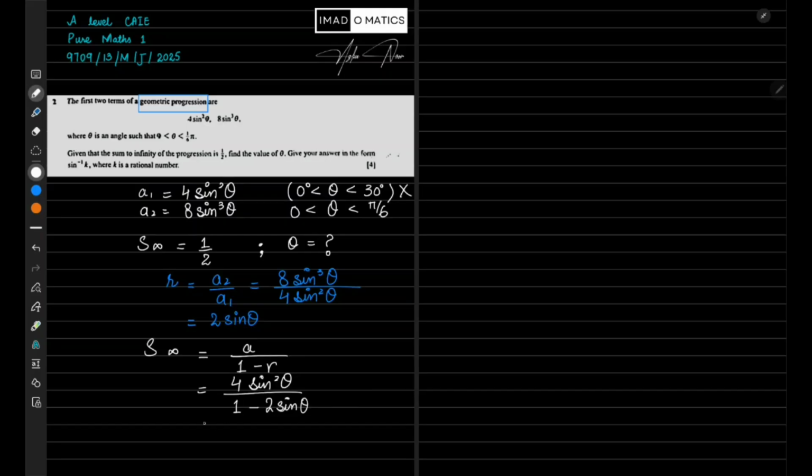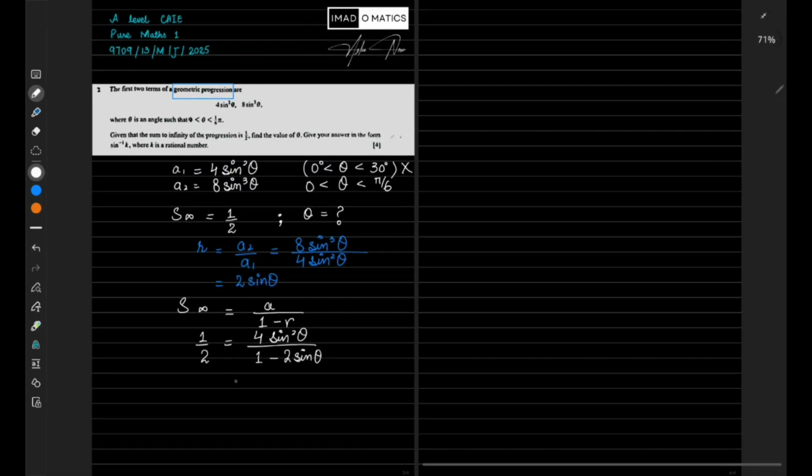Now, we know sum to infinity is equal to 1 over 2. So in place of sum to infinity, we can write 1 over 2. We will just now simplify this. Cross multiply, you will get 1 minus 2 sine theta equals 8 sine square theta.